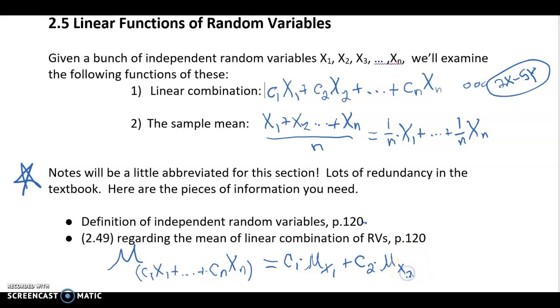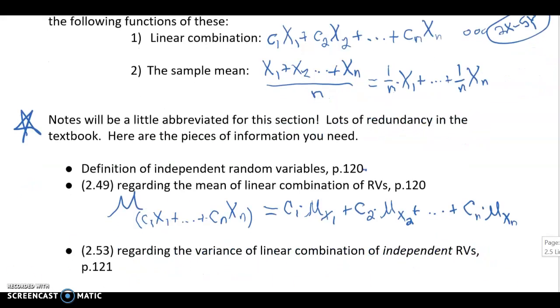I know there are so many subscripts, sorry. Plus Cn times the mean of xn. This will seem pretty intuitive when you do it, although I know this symbol's really weird. You'll be able to do that no problem.